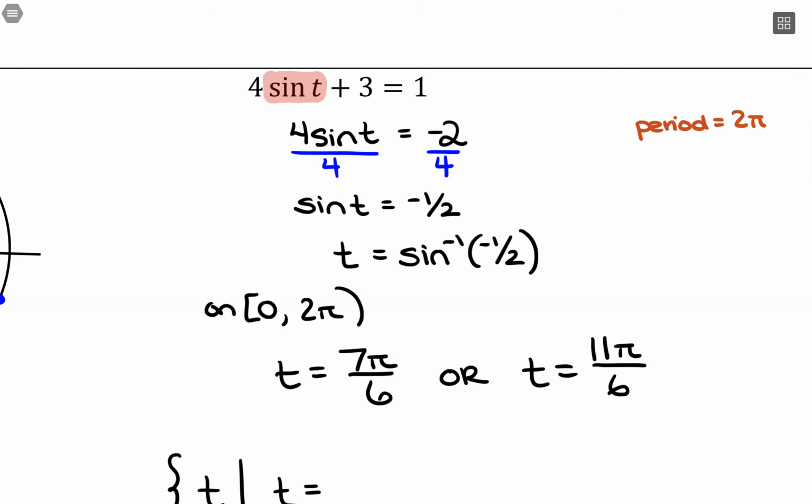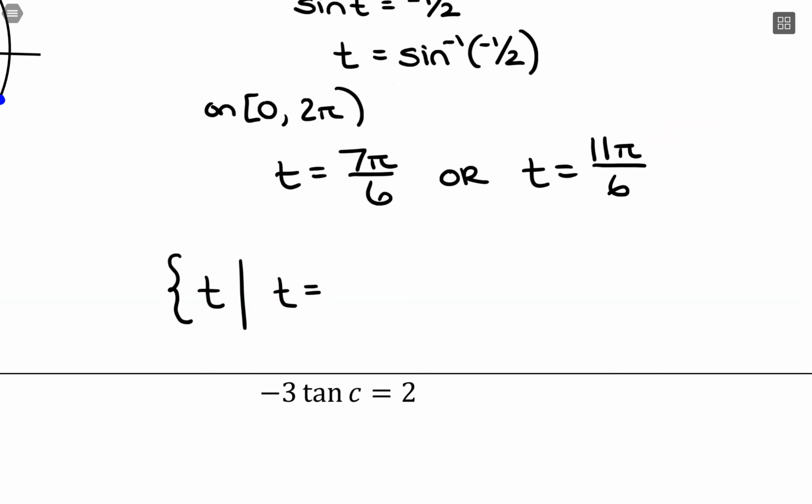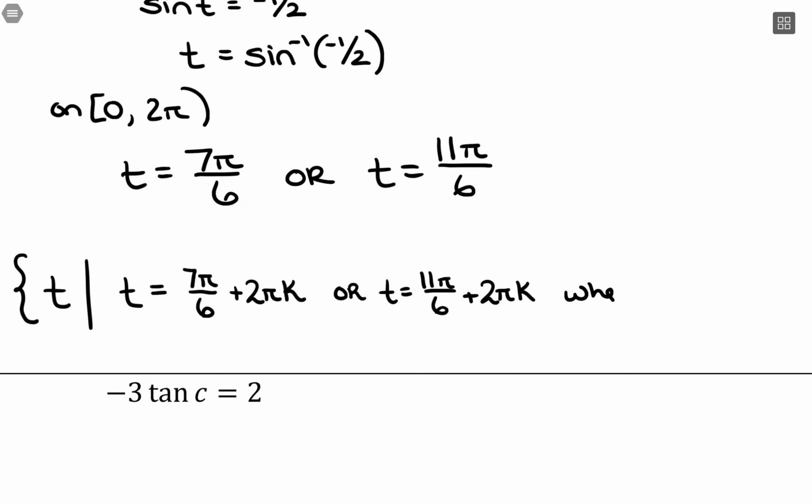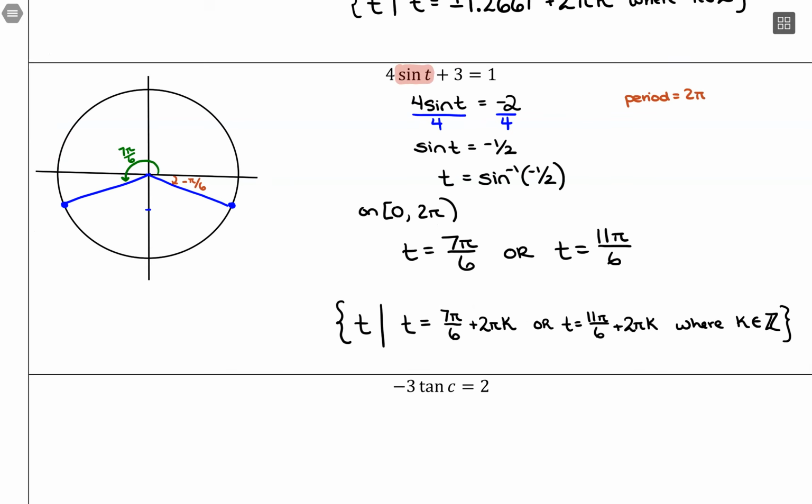So with that, I have my two starting values, and I just want every increment of 2 pi away from those values. So 7 pi over 6 plus increments of 2 pi, or 11 pi over 6 plus increments of 2 pi. And then we just need to explain that k is represented by an integer. And that's that.